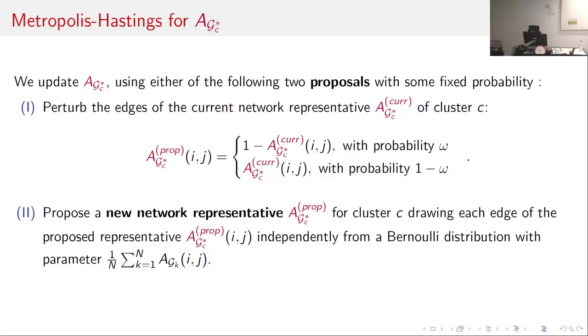We are taking advantage of the information from the network population, and we propose a new network with this Bernoulli probability given by this mean network. So we either accept or reject with respect to the Metropolis-Hastings ratio. Here, the proposal distribution doesn't cancel, but it's a product of Bernoullis again, so it's not computationally intensive to obtain.